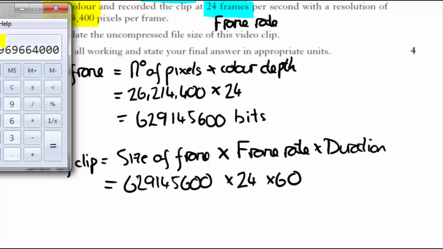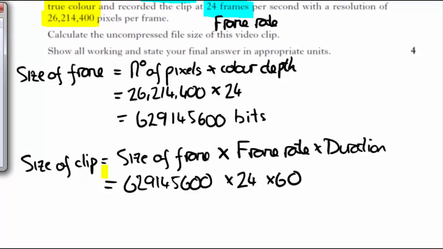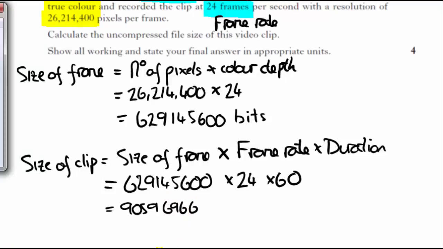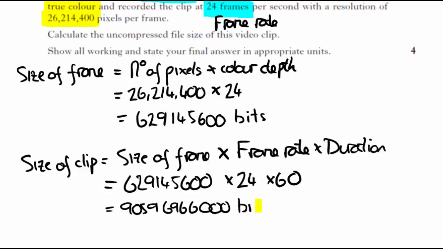That gives you a massive size. So what we've got is 9059696640 00, and that's the number of bits.